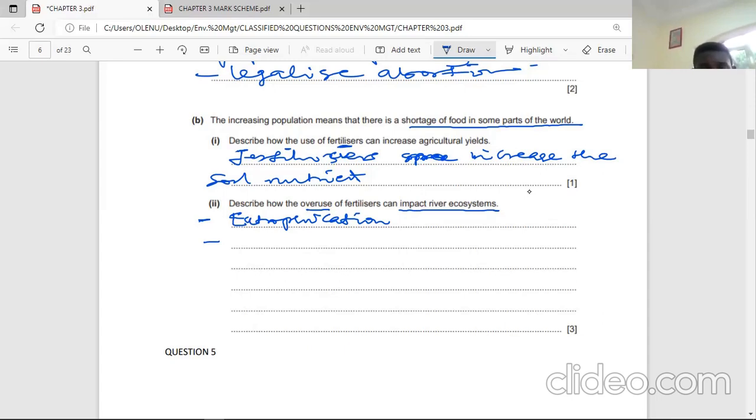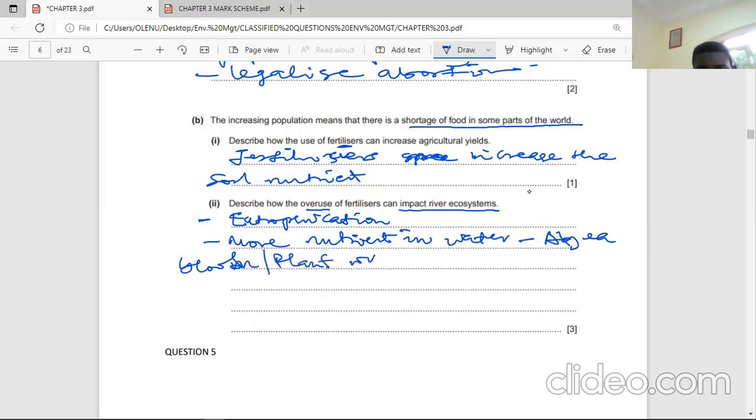The first thing is there will be more nutrients in the water. And what will that cause? Once there are more nutrients, it will lead to algae bloom. If you cannot remember algae, please just remember plants. Plants will grow faster.